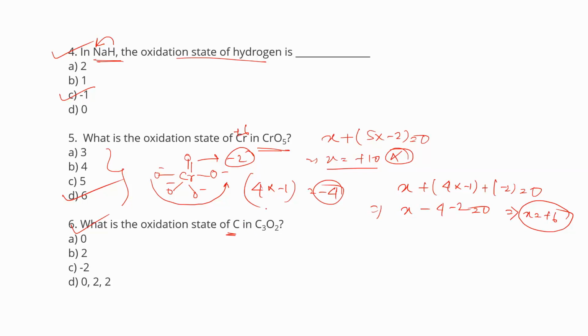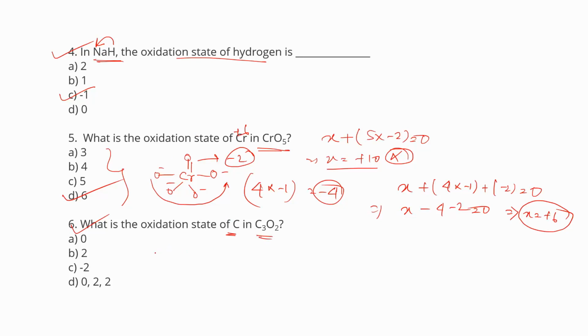This is the same kind of question as question number 5. To know the oxidation number of carbon in C3O2, we have to know the geometry of C3O2. So let us draw the possible geometry of C3O2.